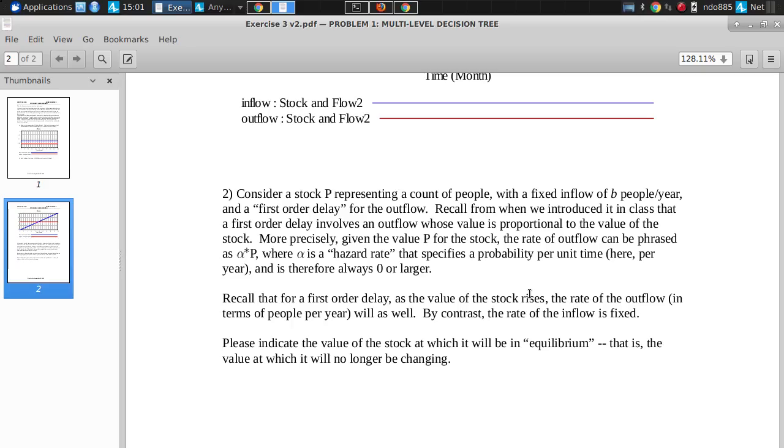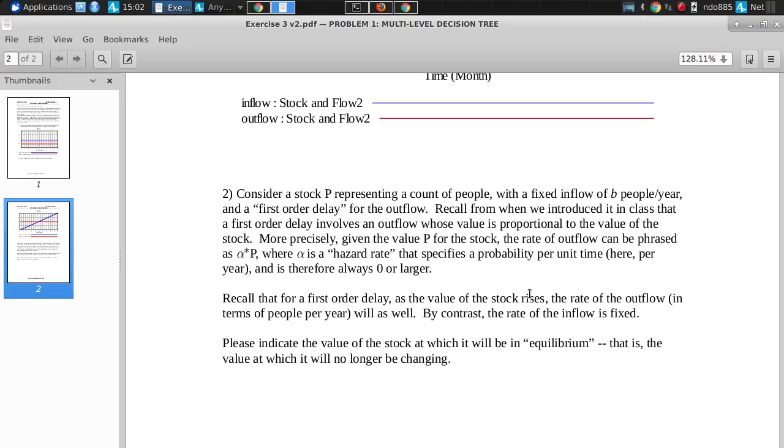Well, we can reason through it by saying that at that equilibrium point, P will equal P and alpha P will equal B because they have to. Good. So at that equilibrium, what's the rate of this outflow? Alpha times P star will equal alpha times B over alpha, which is equal to B, which means that the outflow equals the inflow.